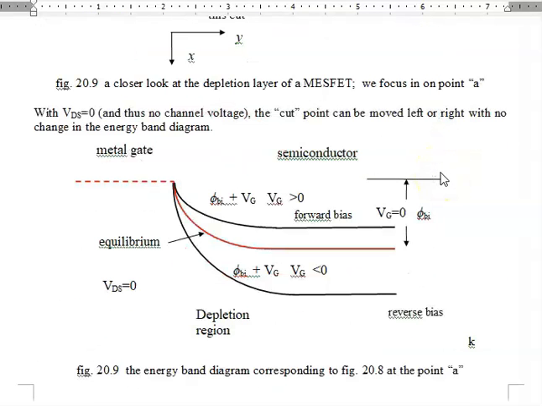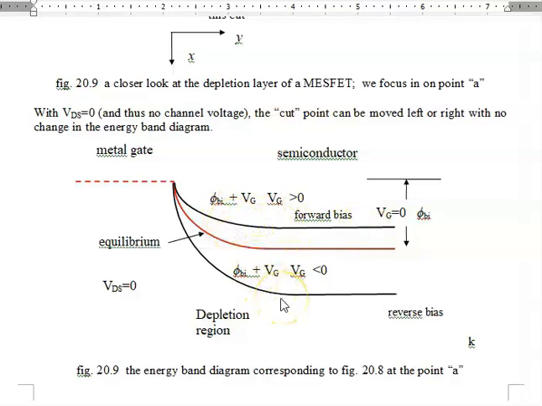So if I take a look at the energy band diagram, the bands bend up. They always bend up for N-type semiconductor at the interface between the metal and the semiconductor, starting at equilibrium, which is shown in red. Forward bias, the bands bend less, depletion region shrinks.